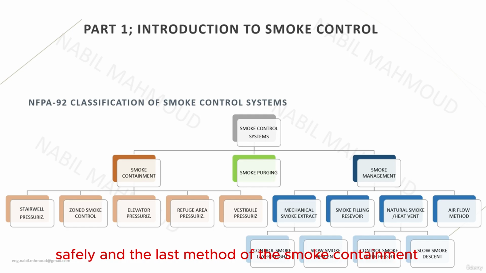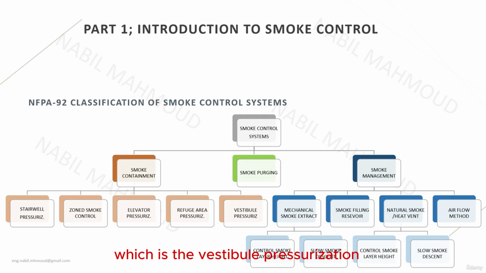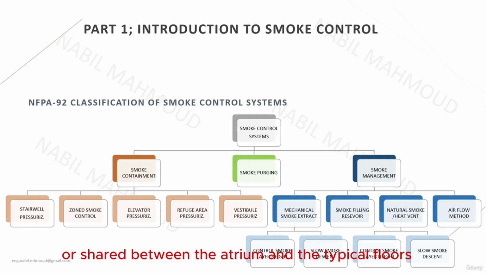And the last method of smoke containment is the vestibule pressurization. Vestibule pressurization is the protection of spaces open to a large volume enclosure such as an atrium. And this is very common in malls because in atriums you can find some spaces or corridors open or shared between the atrium and the typical floors.